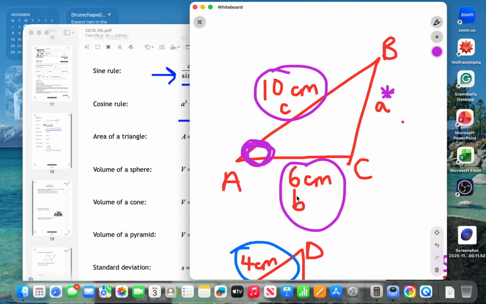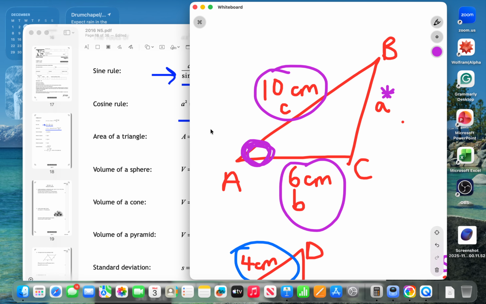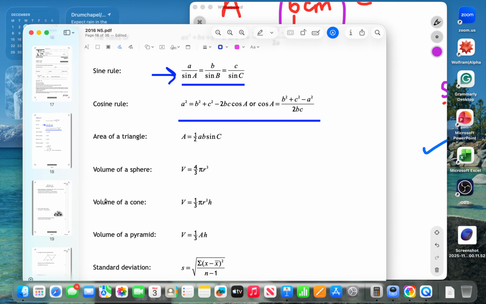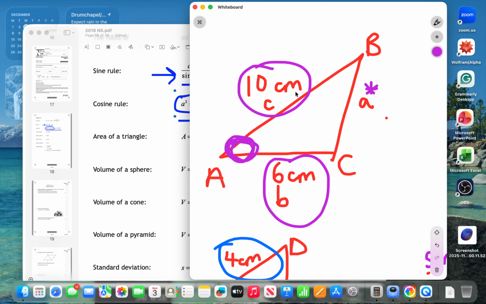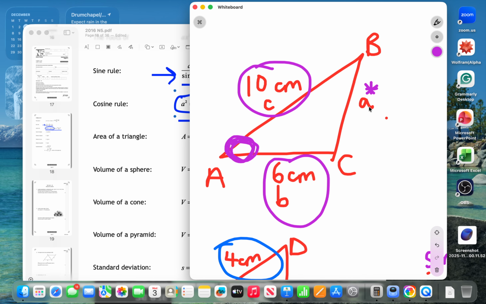you know side B and side C, and you know the cosine of A. This is the reason that you don't have to evaluate this because we just plug it in to this one. And it just so happens that the letters they've used are the exact same letters that we need because we have B and we have C and we have cosine of A. We have to find small a.